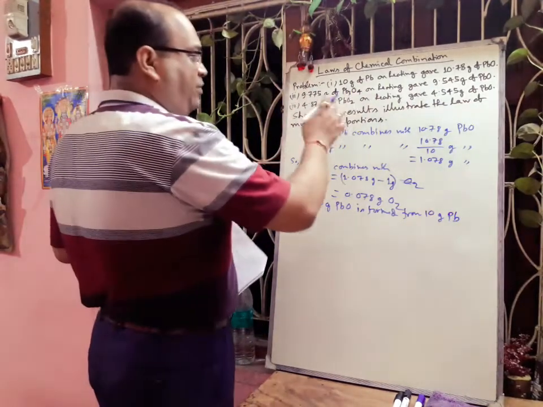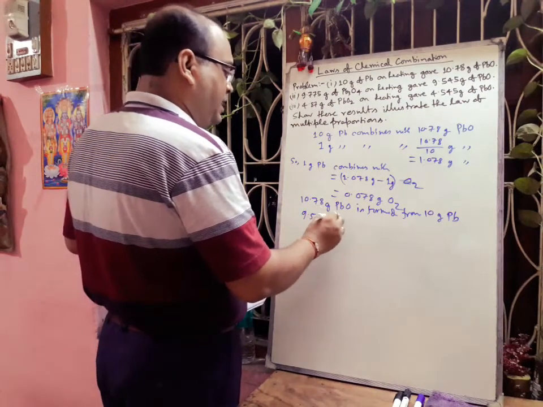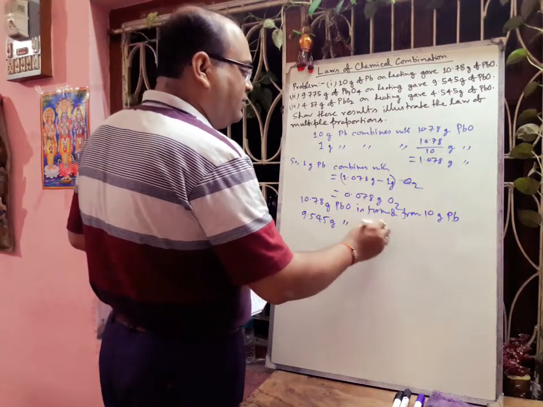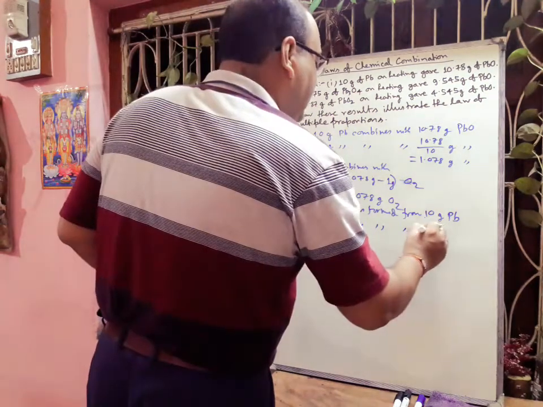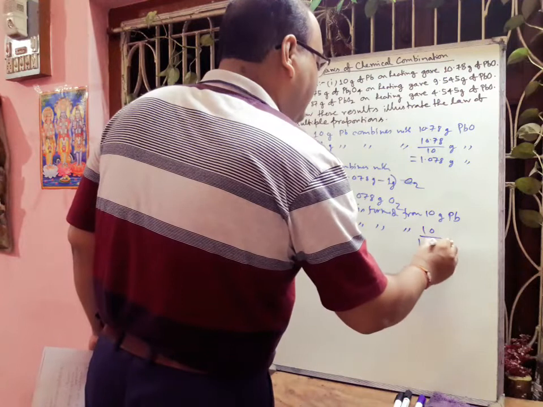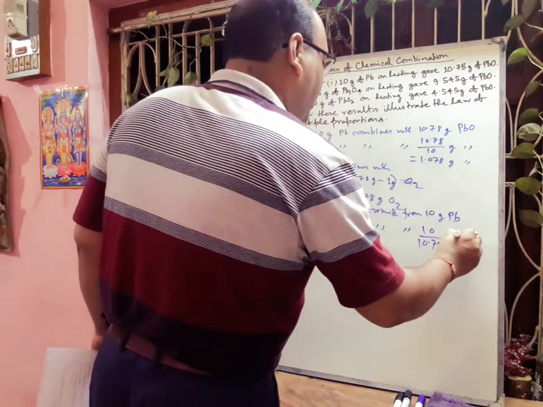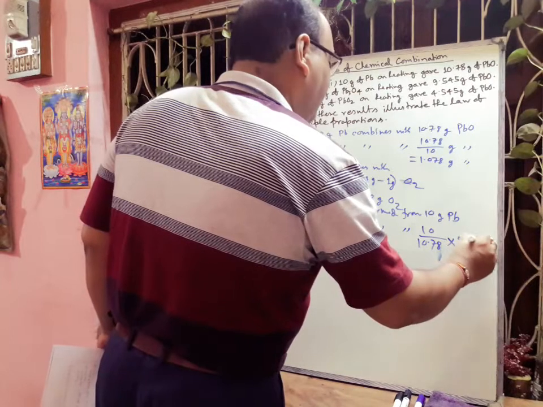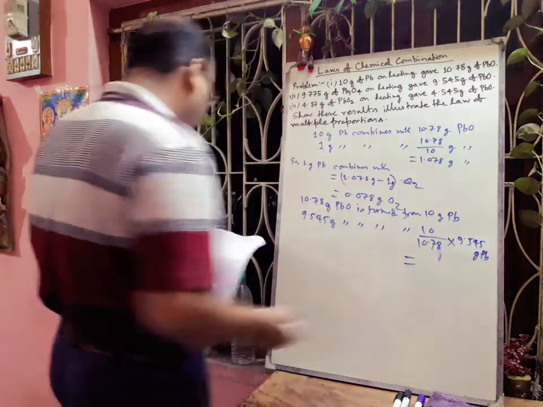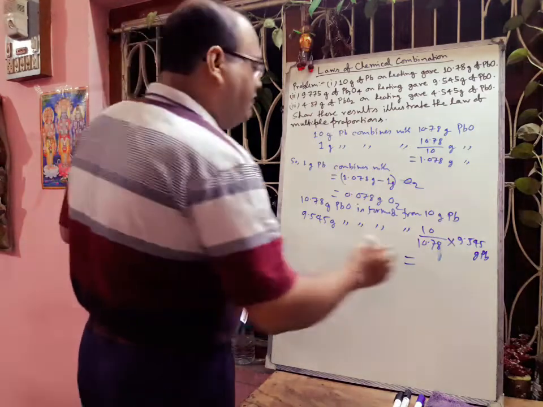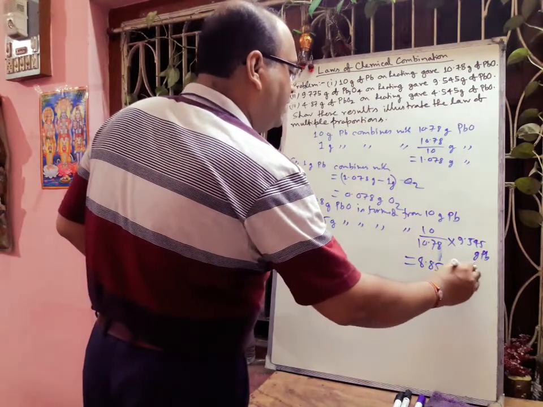So this 9.545 gram lead oxide is formed from how much lead? That will be 10 divided by 10.78 into 9.545 gram lead. That will be equal to 8.854 gram lead.